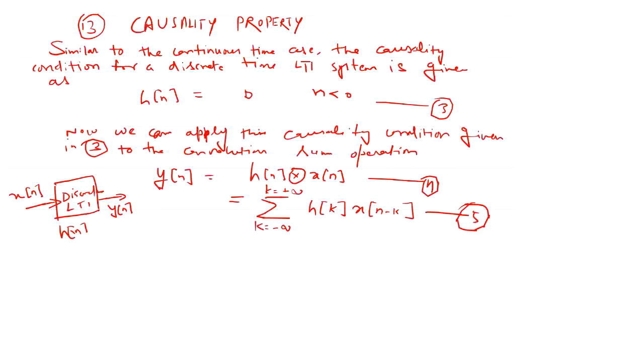If the system is causal, the impulse response is 0 for n less than 0.